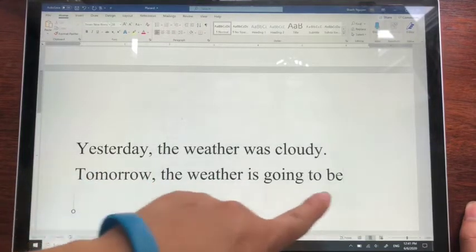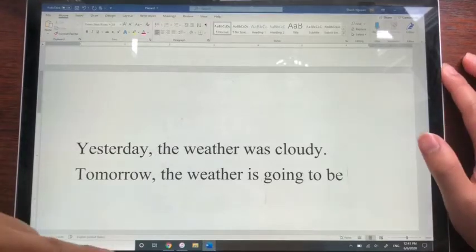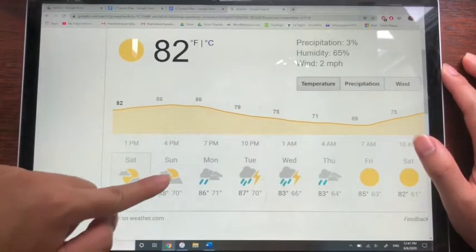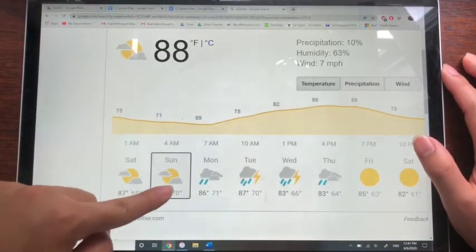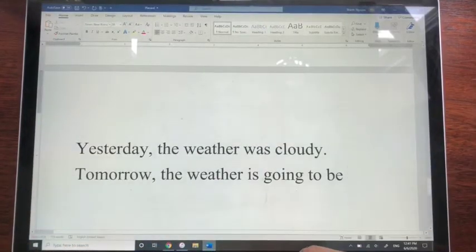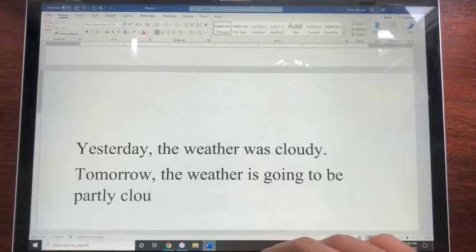Is going to be is in the future. Today is Saturday, tomorrow is Sunday. So let's say tomorrow is partly cloudy. Tomorrow the weather is going to be partly cloudy.